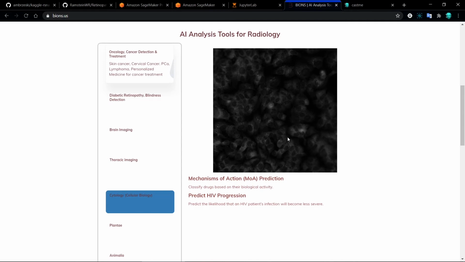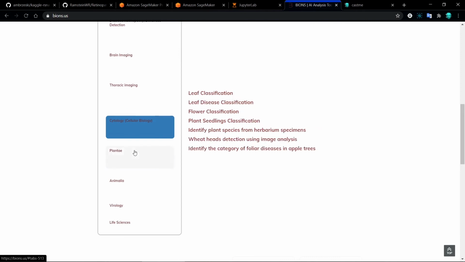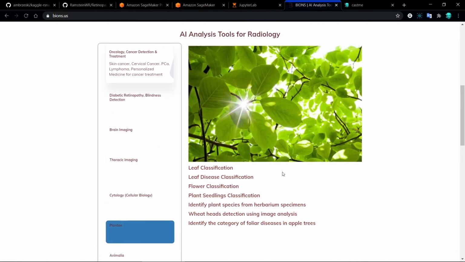Let's go to Plant D. Here we classify the leaves; leaf classification is an image classification problem. Leaf classification by species, as once we have the species we have everything. Then leaf disease classification, what kind of disease the leaf has, flower classification, and plant seedlings classification.